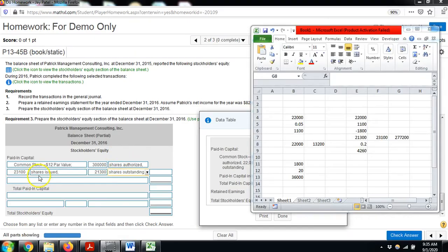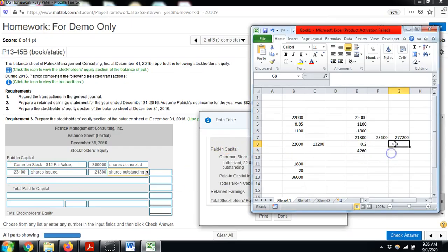Actually, sorry, I misspoke. We have to calculate the par value of the shares issued. The fact that we have some treasury stock is going to be accounted for later in this statement.